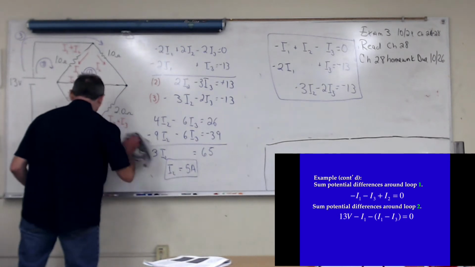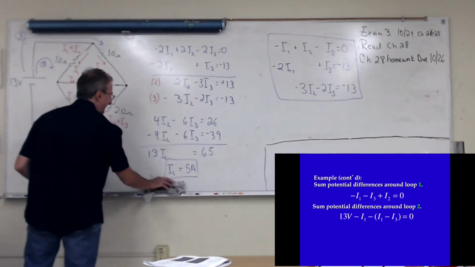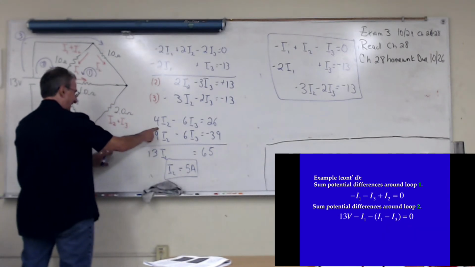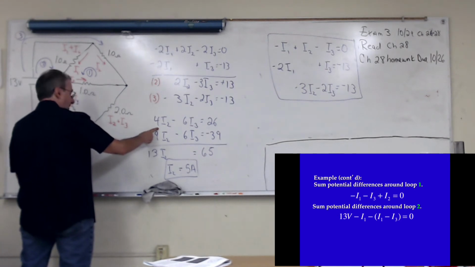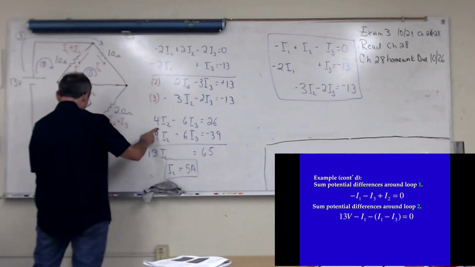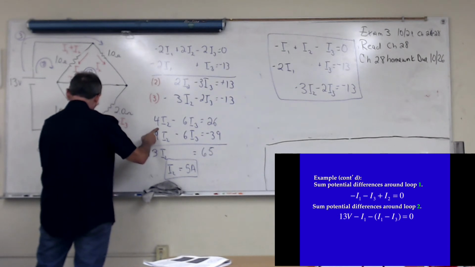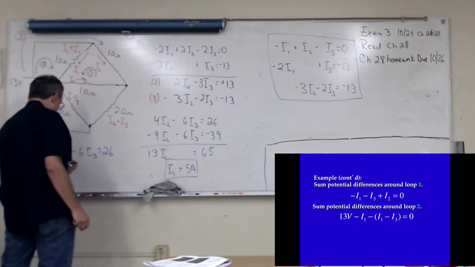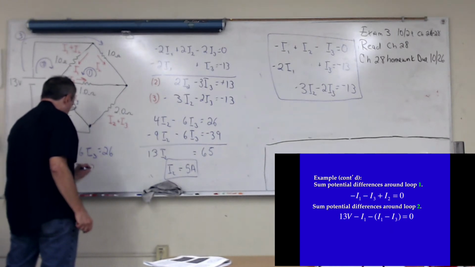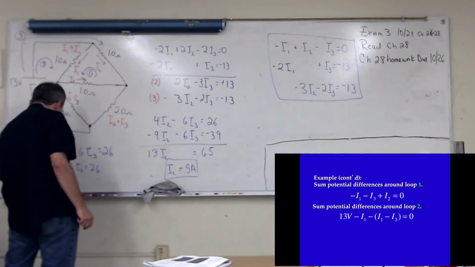Oh, that's an I1. Let's go back to this one. Okay, so this is 20 minus 6 I3. So I3 is minus 1 amps.